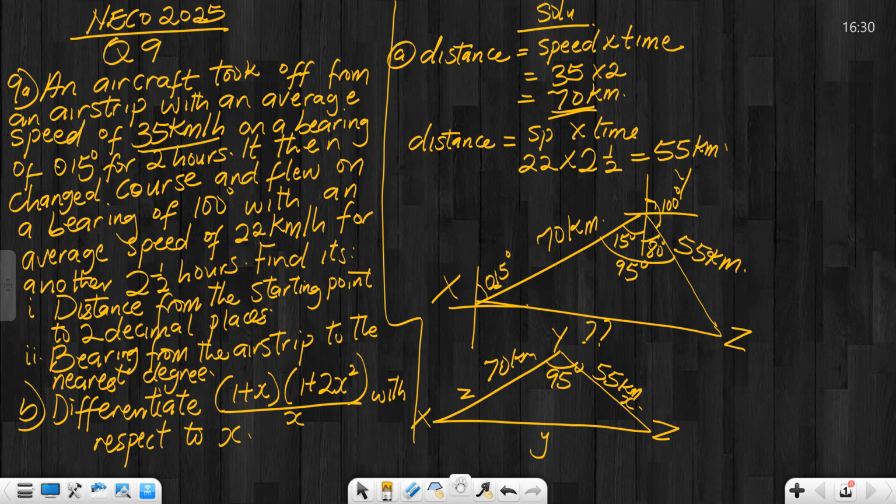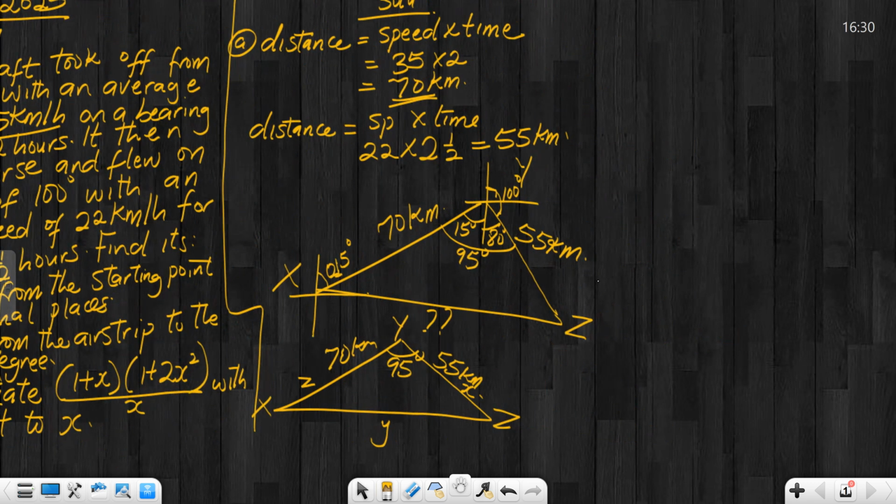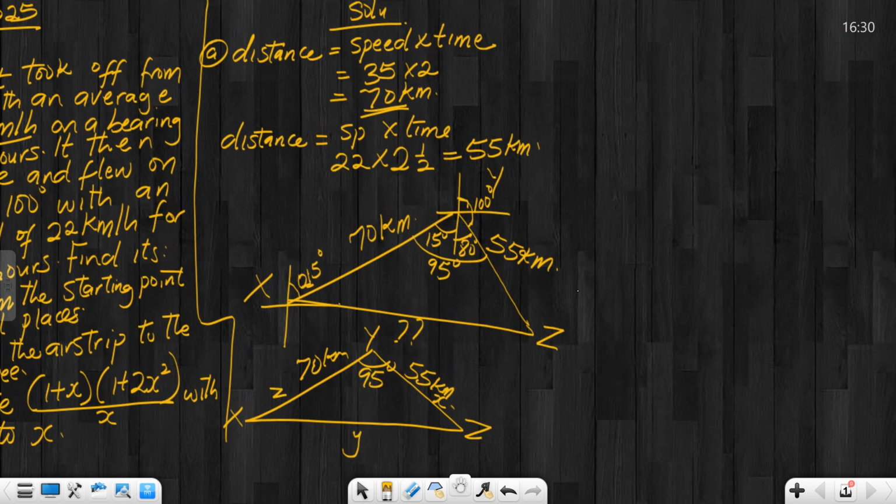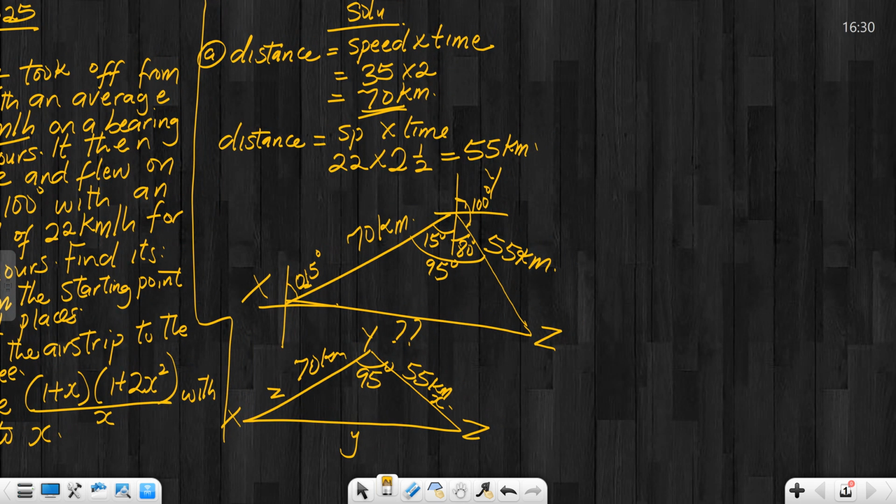To find the small y, we are going to use the cosine rule because no side is complete.